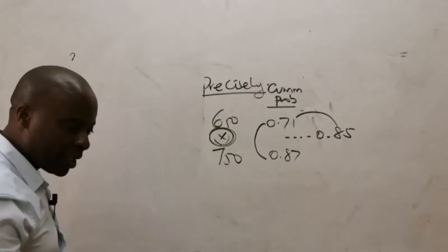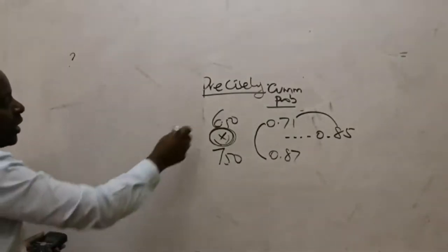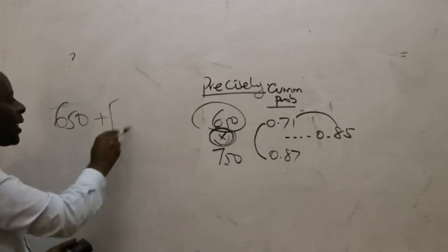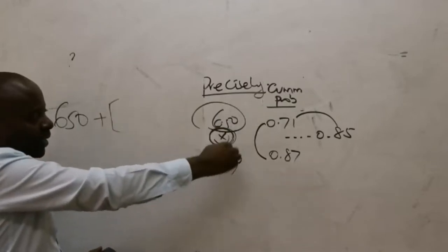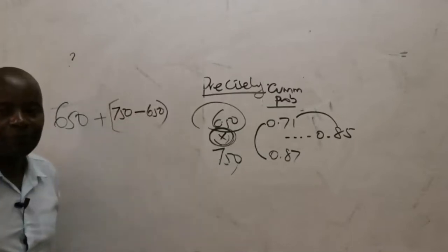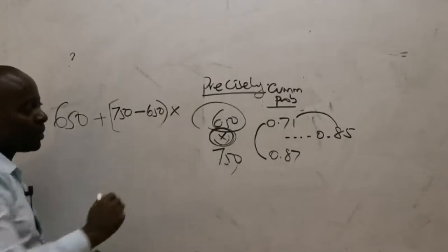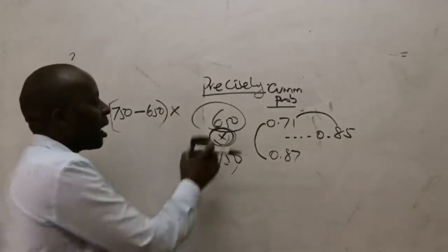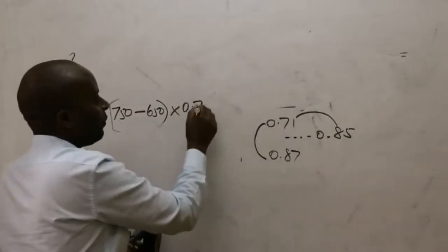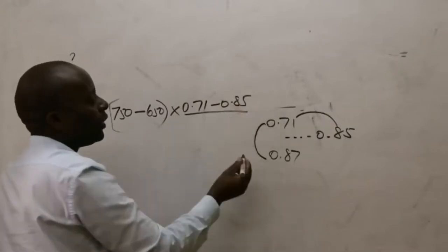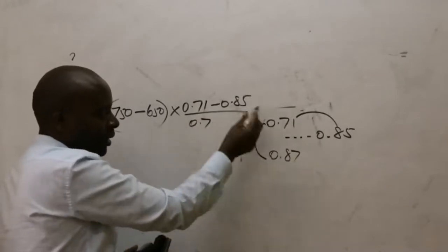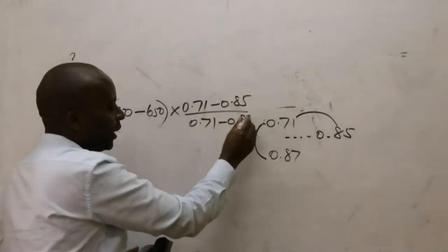So in terms of interpolation, ladies and gentlemen, we start with the lower figure, 650, plus the supply difference, 750 minus 650, times the upper arc, which is 0.71 minus 0.85, all over the total arc, the base arc, 0.71 minus 0.87.